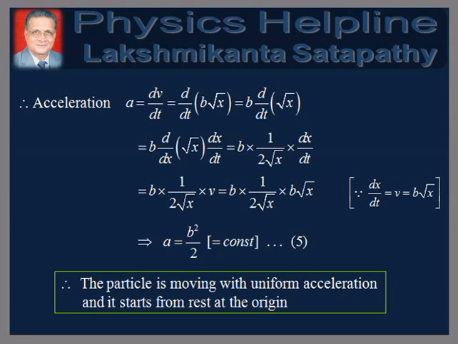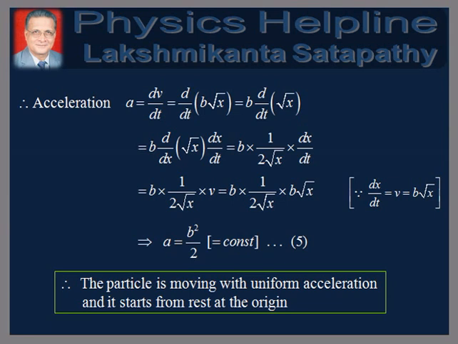Now, putting d by dt is equal to d by dx into dx by dt, we get a is equal to b into d by dx of root x into dx by dt, which is equal to b into 1 by 2 root x into dx by dt.